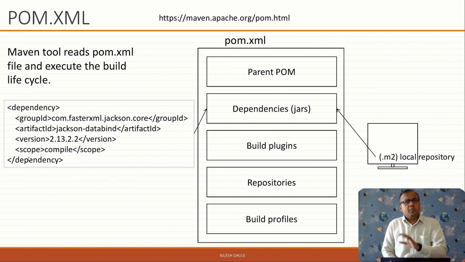The system scope is quite similar to the provided scope, but in provided scope, we are saying that the jars will be available at runtime, but you need them during compilation, and hence they are downloaded from some central repository.